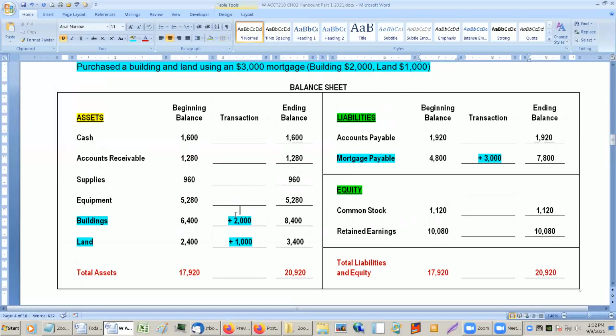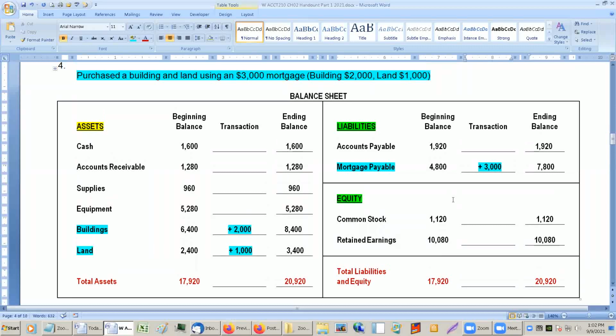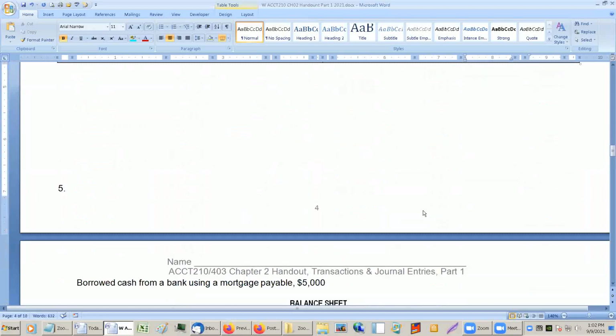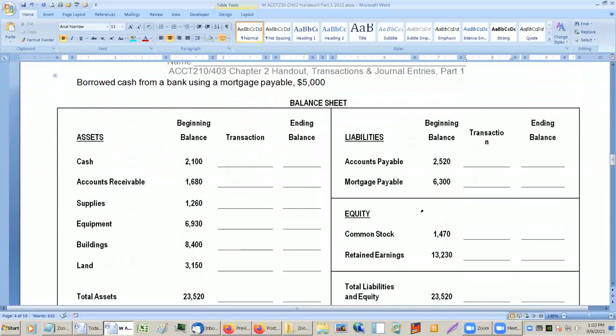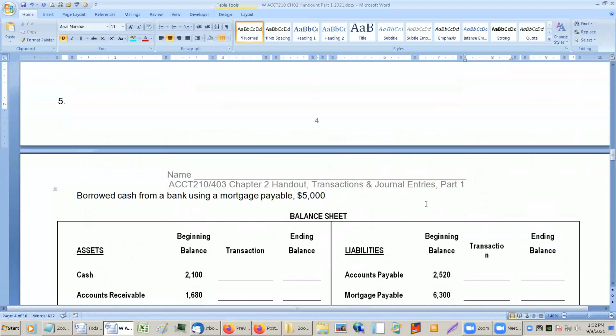Yeah, it's definitely a little bit more complex. Got a few things going here.